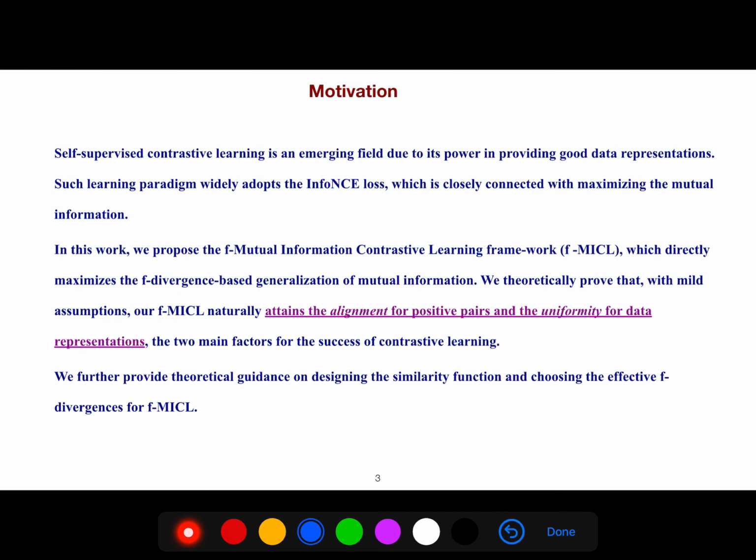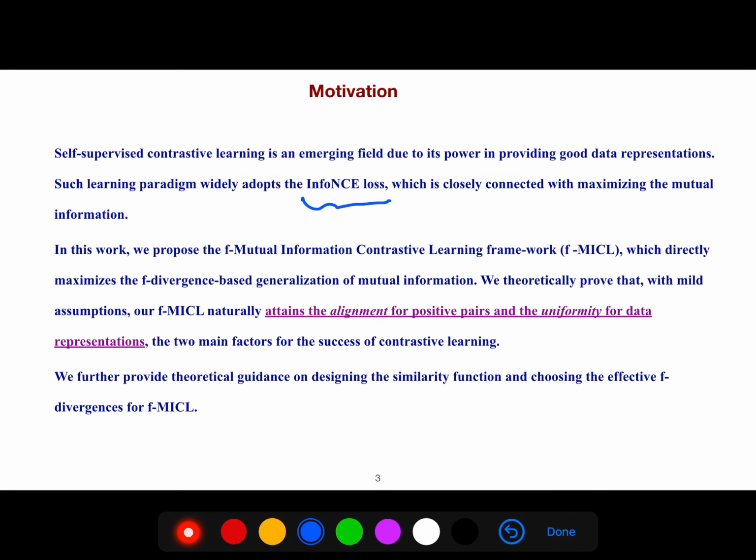Self-supervised contrastive learning is an emerging field due to its power in providing good data representation. Such learning paradigm widely adopts the InfoNCE loss, which is closely connected with maximizing the mutual information.